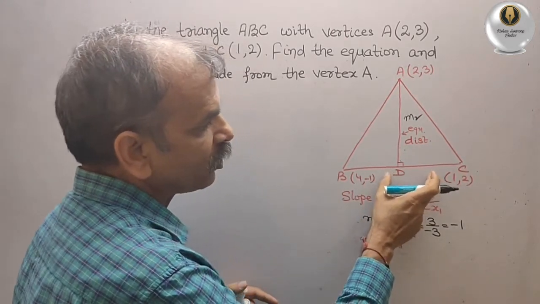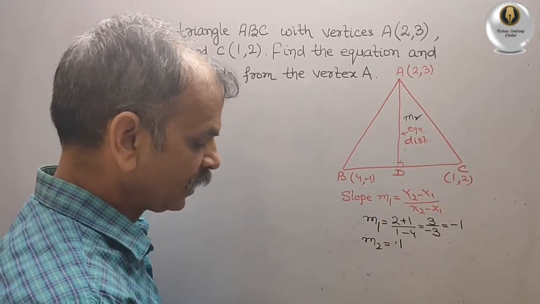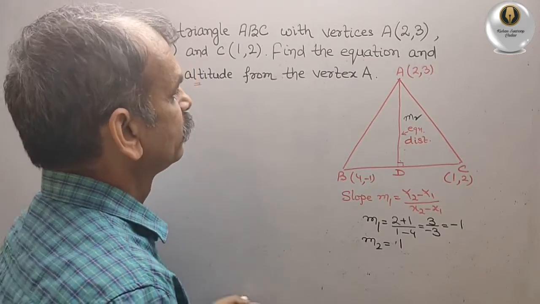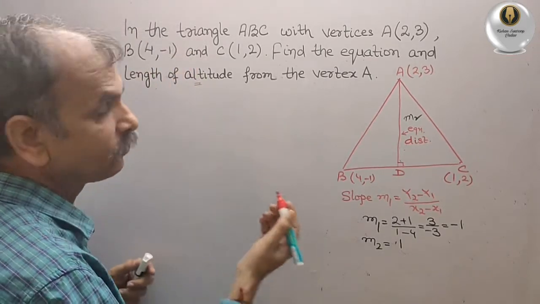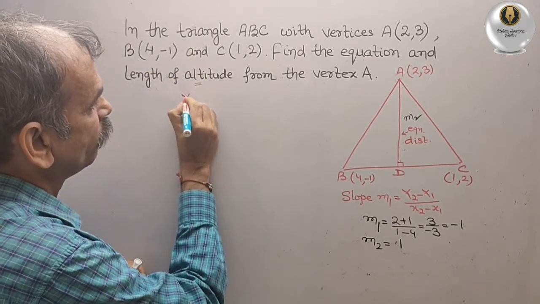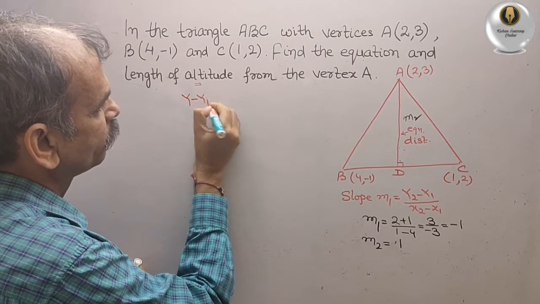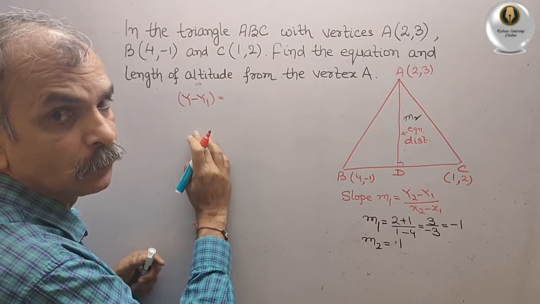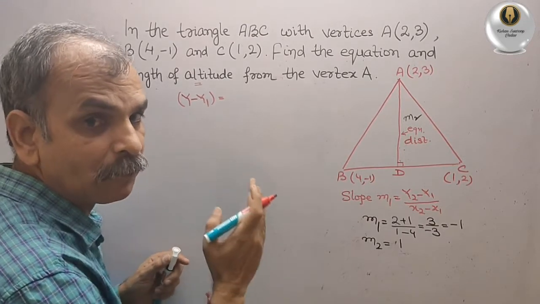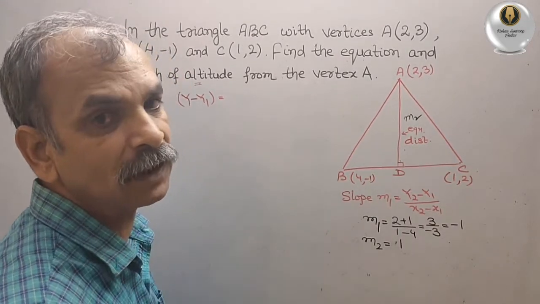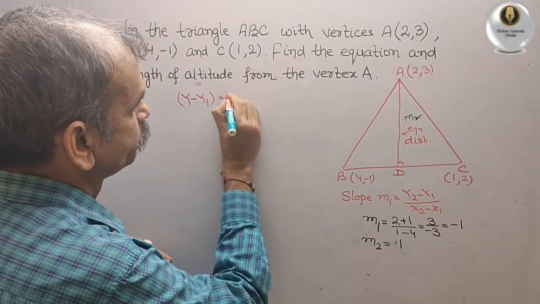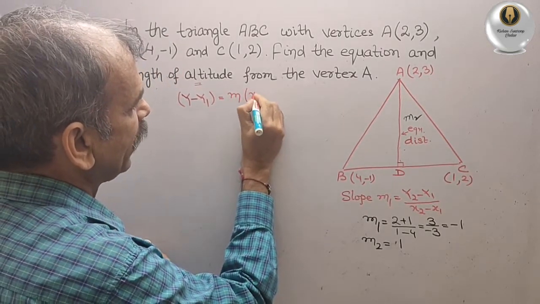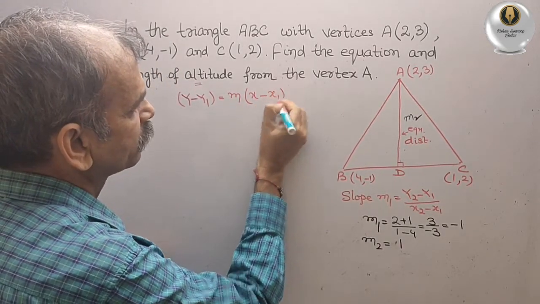So equation of this line is what? We will write that equation is Y minus Y1 is equal to M into X minus X1. M we know.